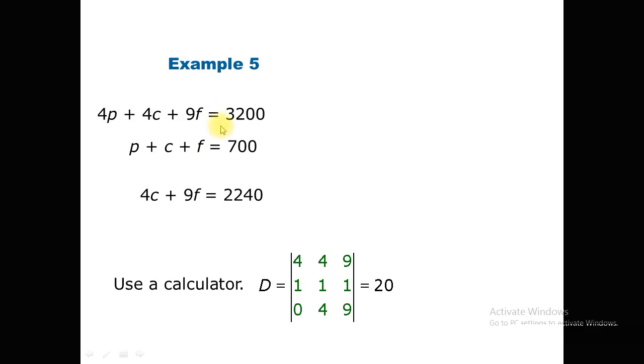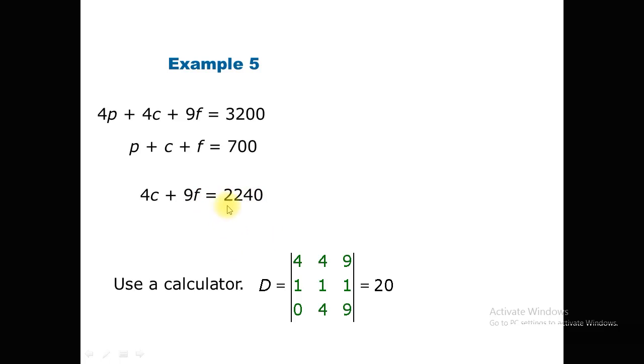Now suppose we have another example of three equations in three unknowns. The first equation contains 4p plus 4c plus 9f is equal to 3200, the second equation has p plus c plus f is equal to 700, and the third equation is 4c plus 9f is equal to 2240.